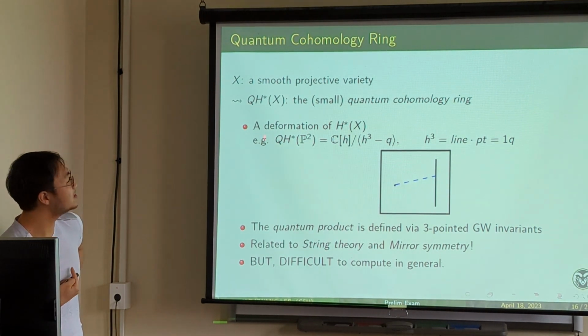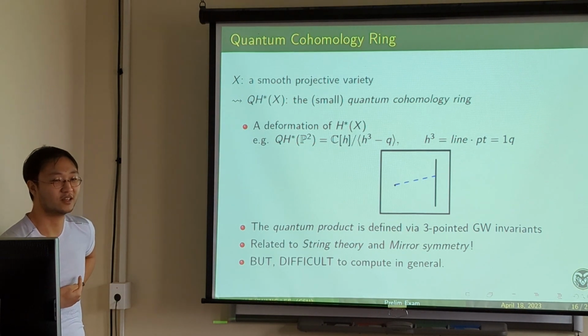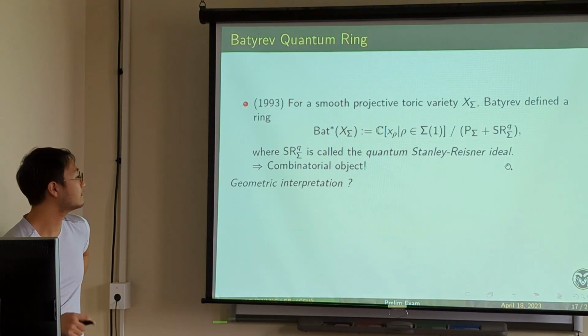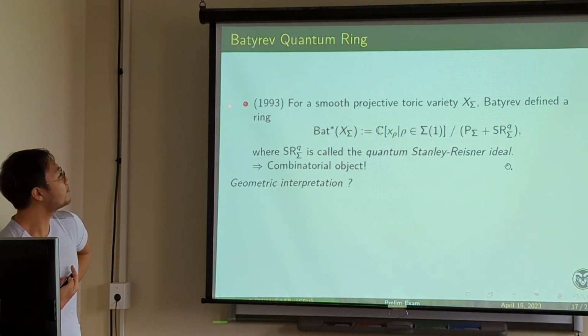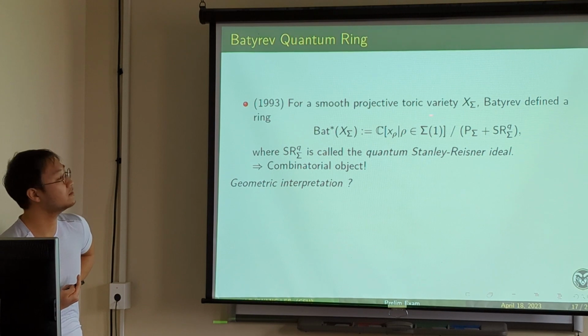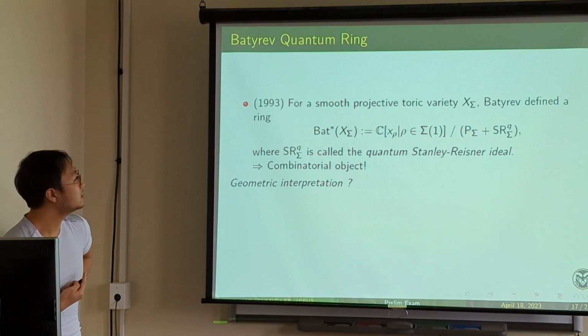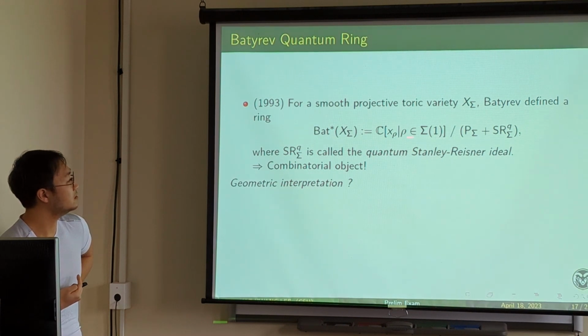But the problem is this is difficult to compute in general. So in 1993, Batyrev defined a ring for a smooth projective toric variety. The definition of that ring is this one.